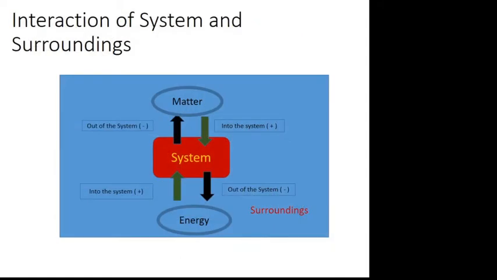Now when we go further, we have to see what interactions take place between the system and surrounding. In thermodynamics we mostly deal with matter and energy. The system consists of some matter and energy. So how it interacts with the surrounding is what we will be studying. Anything, either matter or energy, going into the system will be represented with a positive sign.